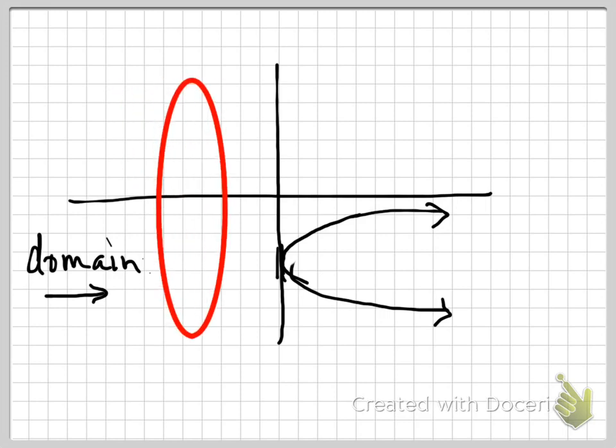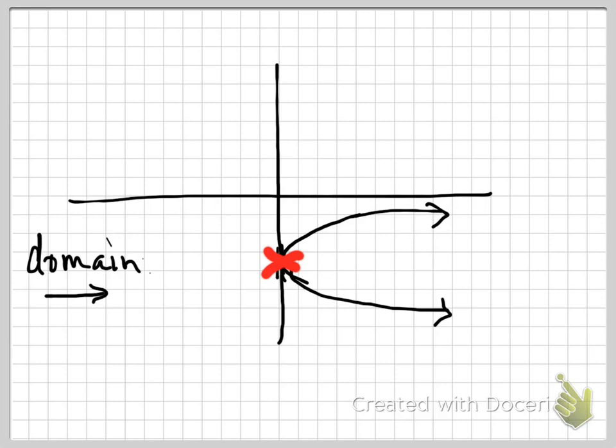If you're over here somewhere, this graph doesn't even exist in those sections, right? So you're not even going anywhere there. Okay, take that off. The graph doesn't even start until you get right there when you're coming from the left. Okay? So we're walking to the left and we hit the graph first right there.